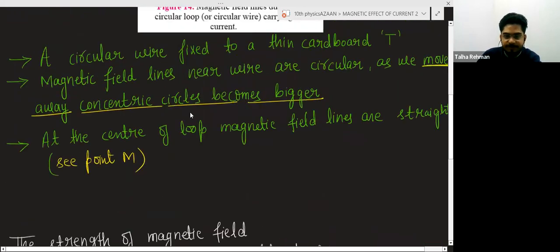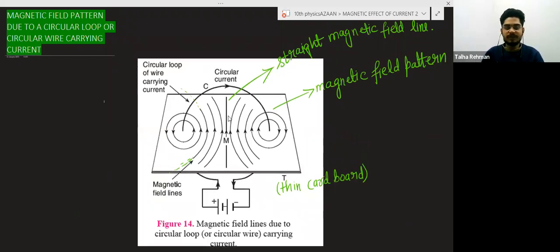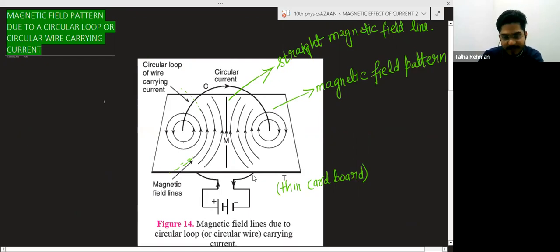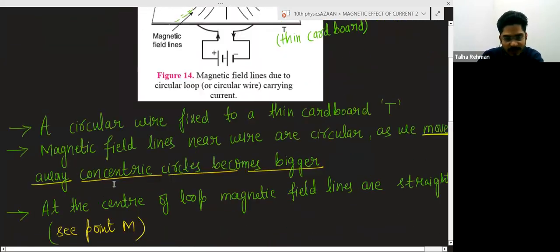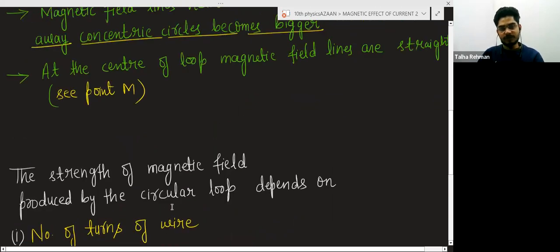Now, due to this current carrying circular wire, what will be the strength of the magnetic field? I mean, on what factors the magnetic field strength due to a circular wire will depend. The strength of the magnetic field produced by the circular loop depends upon the number of turns of the wire.